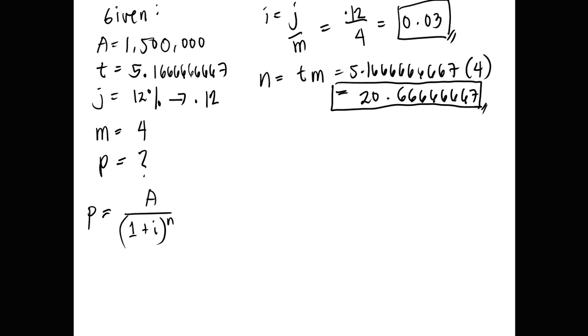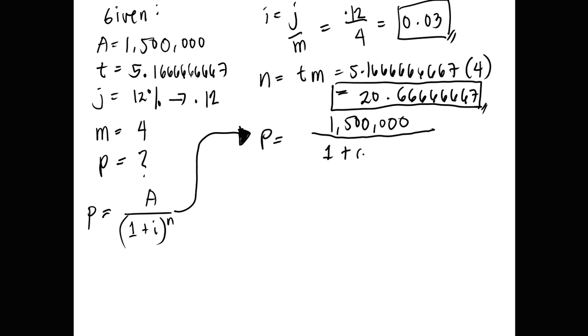And then after that, you will substitute it to the formula since lahat na po ng given ay nandiyan na. Okay? So, principal amount, we have 1.5 million or 1,500,000 divide by our denominator 1 plus I is 0.03 raised to N, which is 20.666667. Okay.